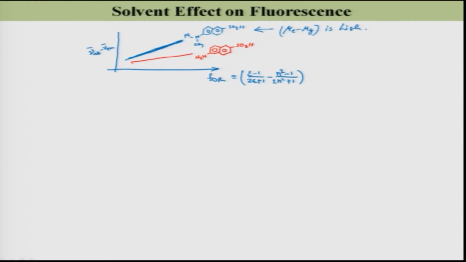Okay. So, while discussing this, I have taken one inherent assumption. What is that assumption? The assumption is that the solvent will create a reaction field because of the induced dipole moment by the solute dipole. It will create a reaction field R, and then we use that R for the derivation of the Lippert-Mataga equation and its extension.